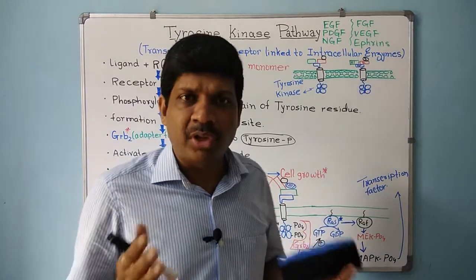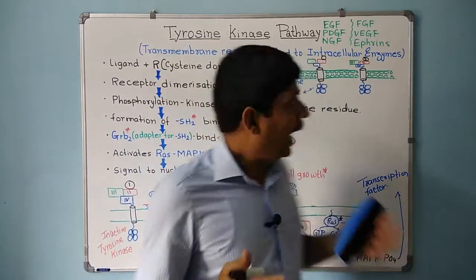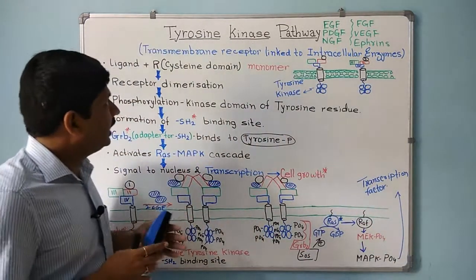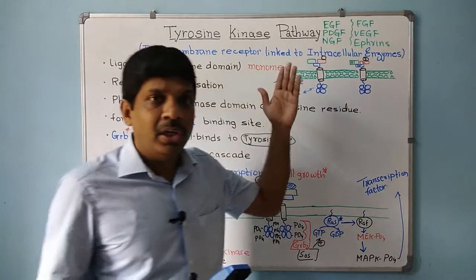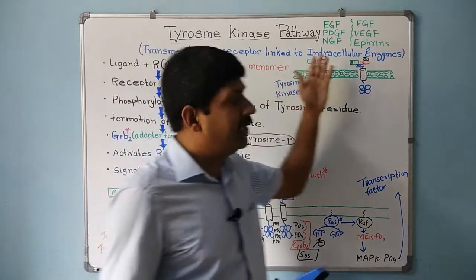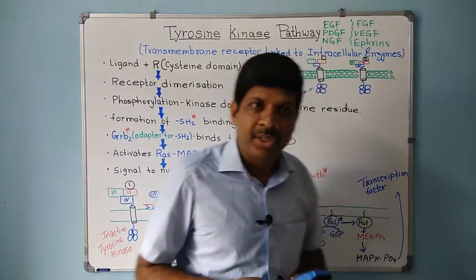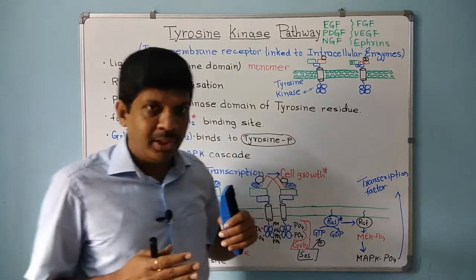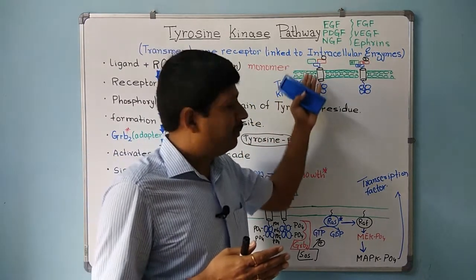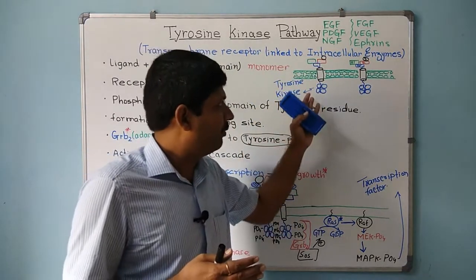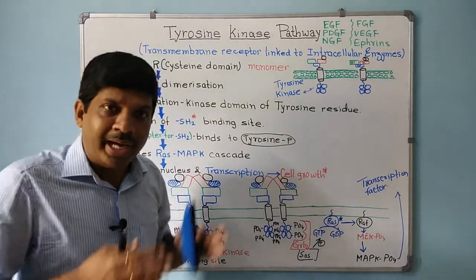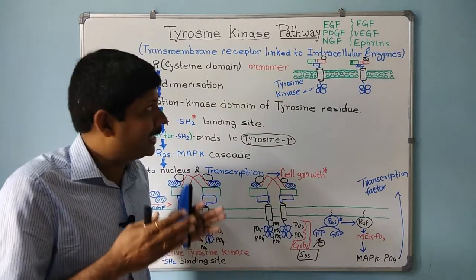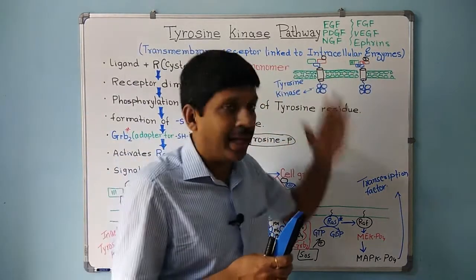It's again a physiological receptor type, and it's basically a transmembrane receptor which is linked to an intracellular enzyme. So you will have the extracellular domain, the membranous part, and then the intracellular domain, and the intracellular domain is linked with the enzyme.